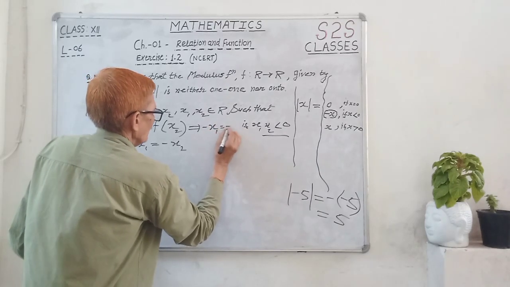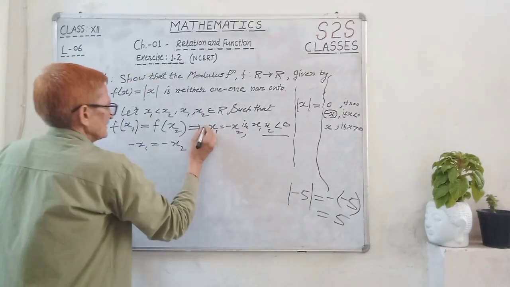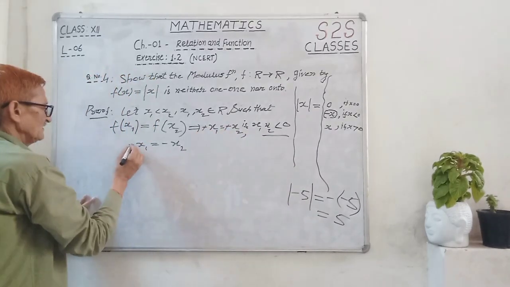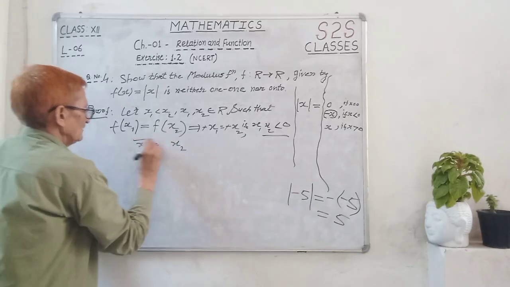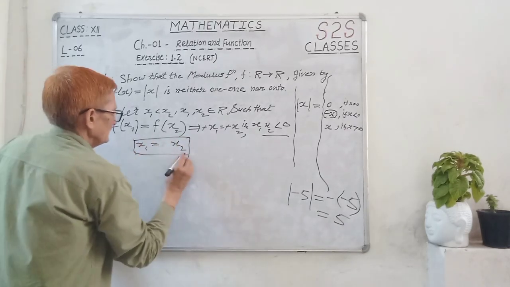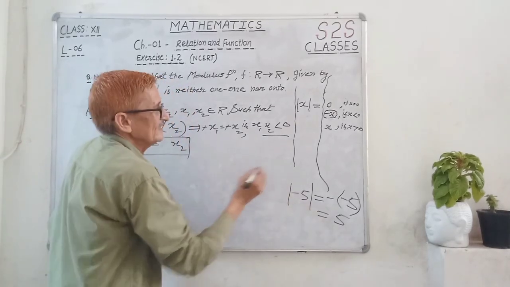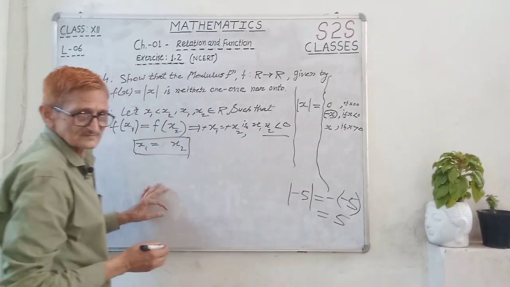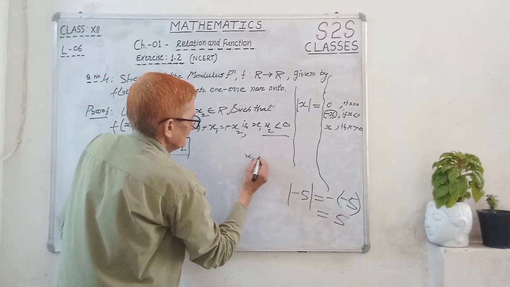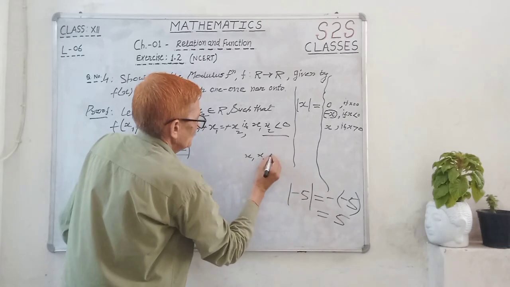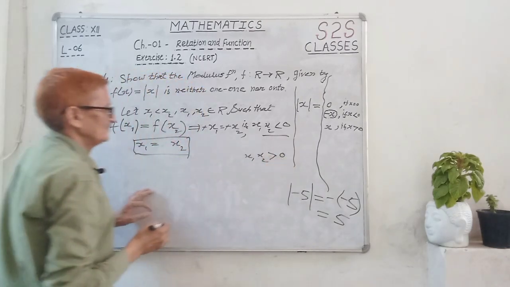Minus minus cancel, so x1 is equal to x2. That is the first case. In the second case, if both are positive, x1, x2 both greater than 0.